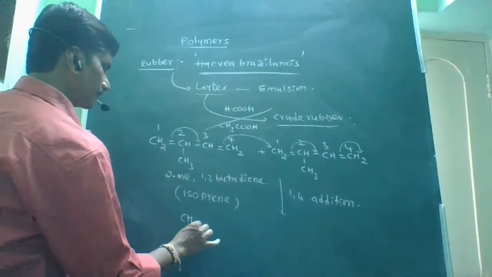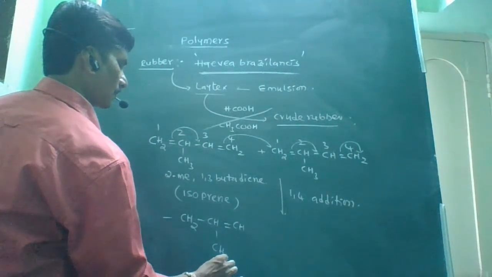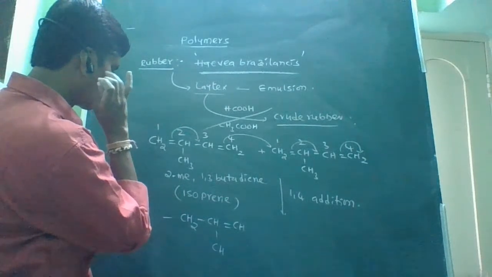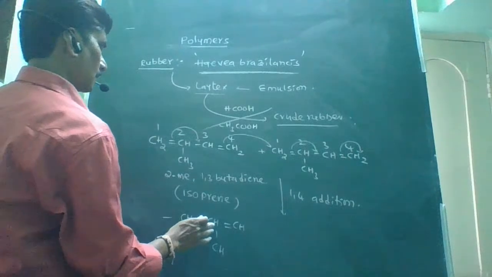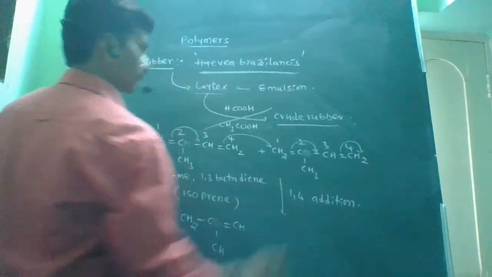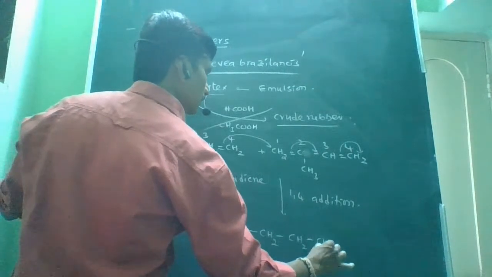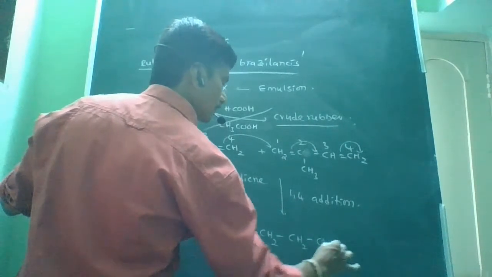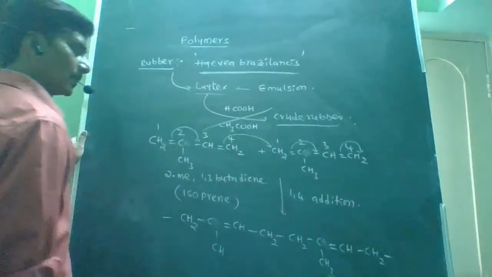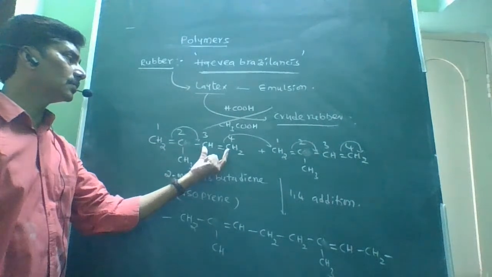So when it is going to be added, double bonds are present at 1,2 and 3,4.